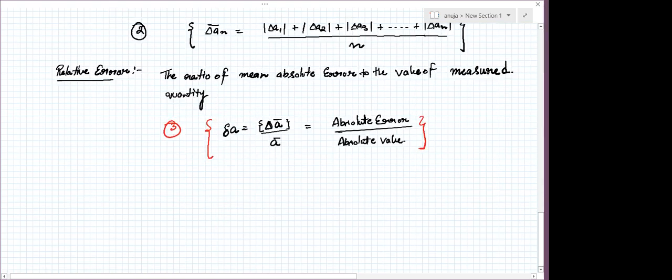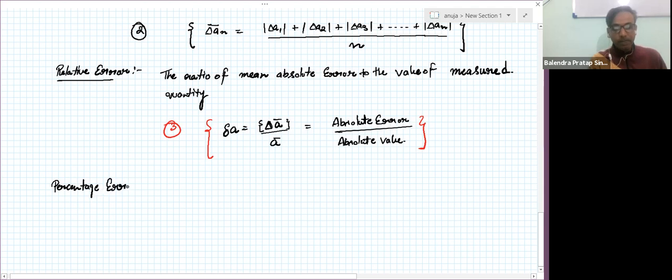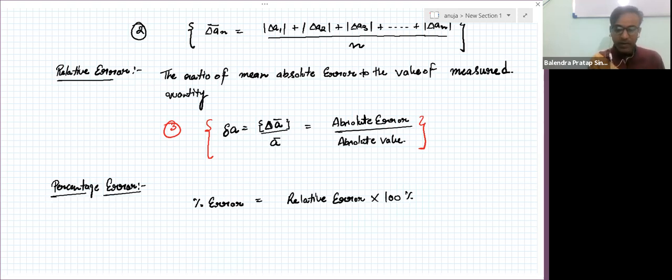Now next, what is percentage error? You will get the fourth formula. The percentage error is defined as the relative error multiplied by 100, so that the value is in percentage.